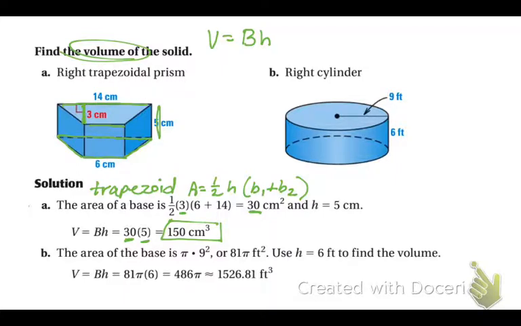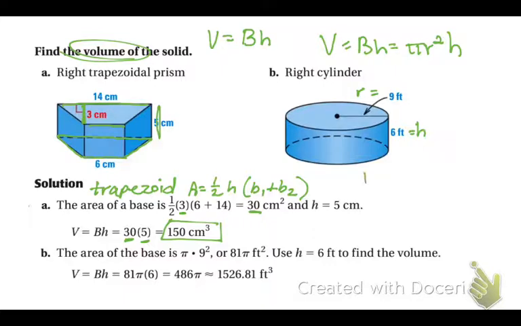Okay, right cylinder, just as easy. V equals BH equals pi r squared h. Okay, our r is equal to 9, and our height is equal to 6.